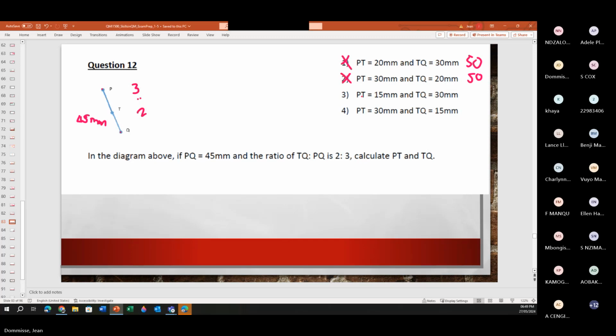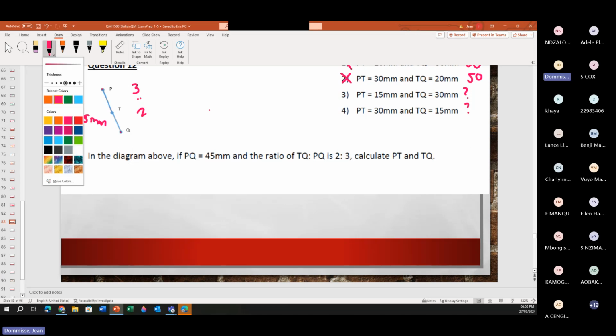If PT is 15, 50, 45. Okay, so that might be. If PT is 50, TQ is 15, again 45. So that might be. Okay, so in the diagram above, PQ is 45, the ratio TQ to PQ is 2 to 3.